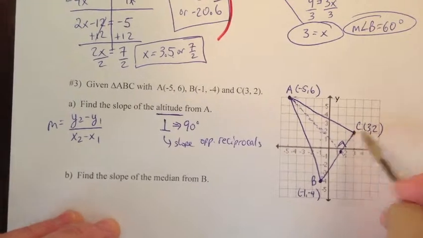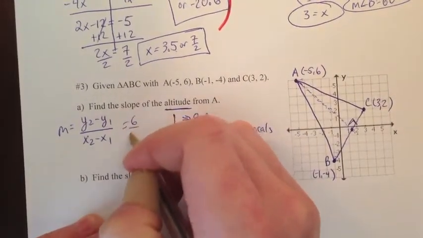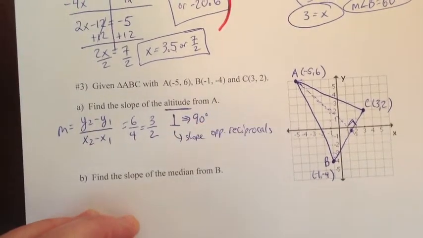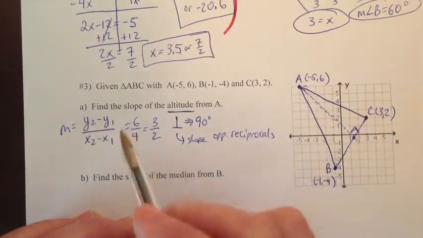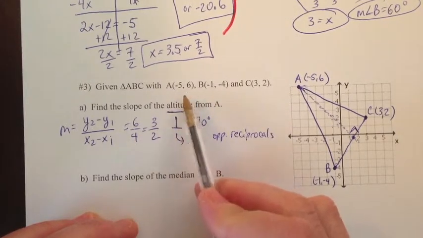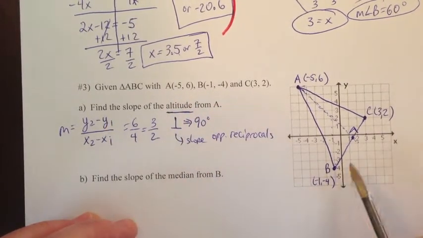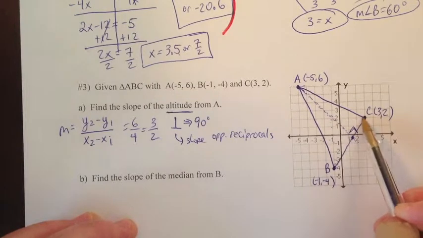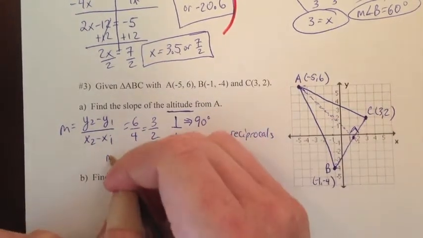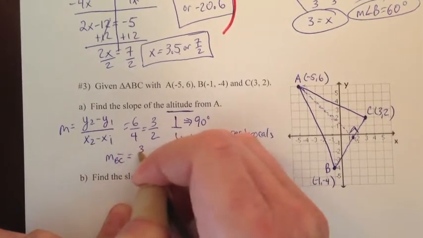Rise is 6, run is 4, and that reduces to 3 over 2. Slope is not x comma y. It's y over x. So that's why I went up first and then I went right. Now that's the slope of BC. The slope of BC is 3 over 2.